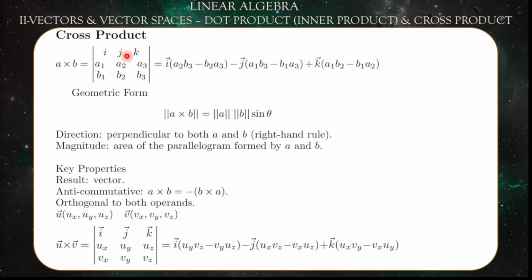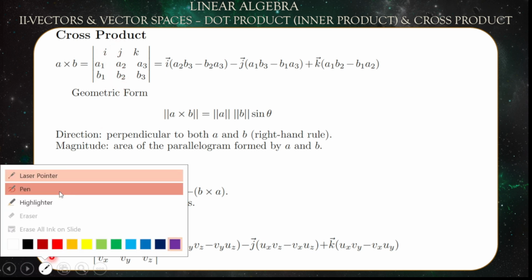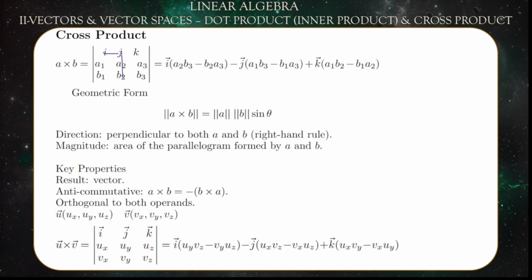Then, when you get to the middle, here we need to flip J to minus J. It's always the case. So minus J times, and you open the parentheses. We establish the intersection between the column and the line of J, the line and the column that are intersecting at J. What remains is A1, A3, B1, B3.